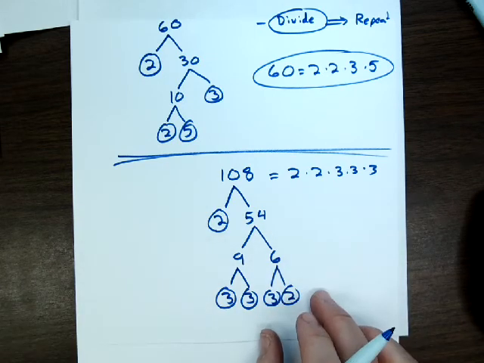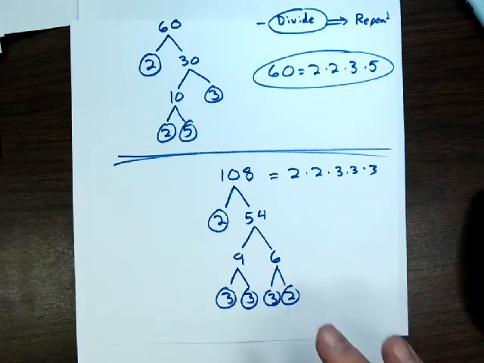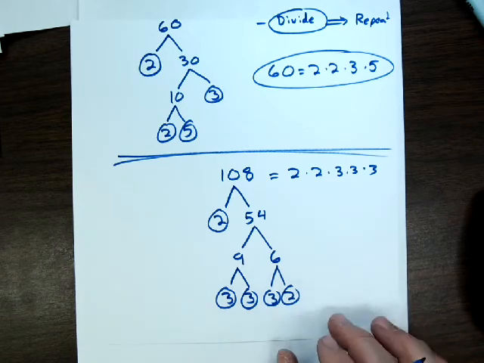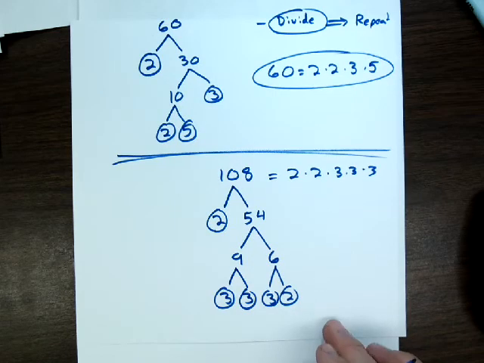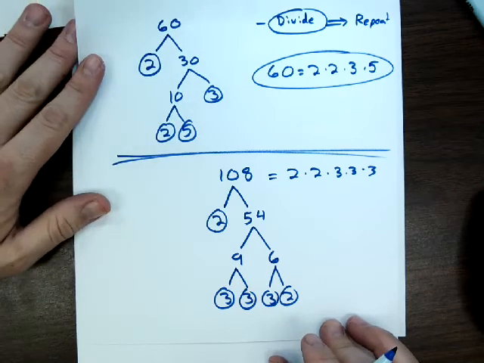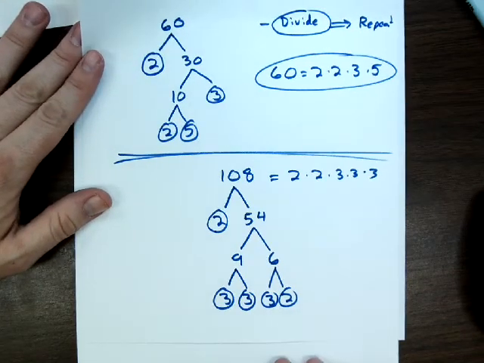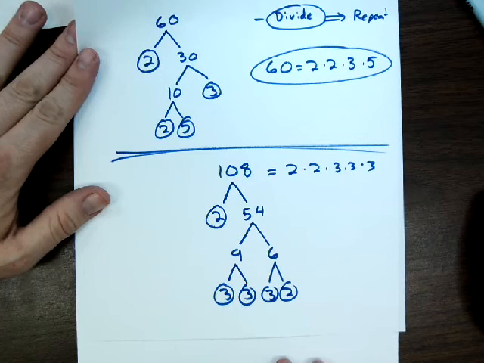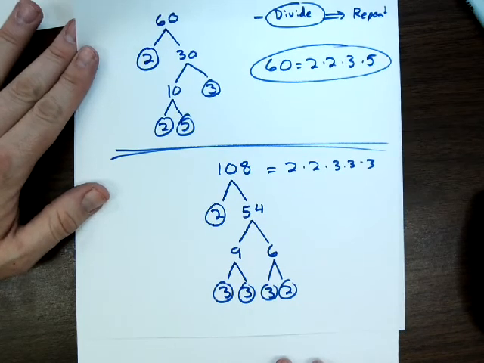Now that you know how to factor, this will help us later in breaking down some fractions. I'm going to start with some easy ones just to show you why this is useful.